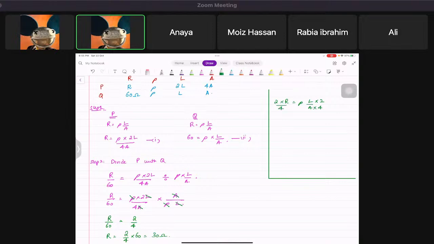So basically I get the resistance as 1 over 2 R. The resistance of Q was 60, so that would give me 30. That's less effort, but you might get confused in more difficult ratios, so I would always suggest that you follow the step method 1. It will take some time, but it will get you the right answer.